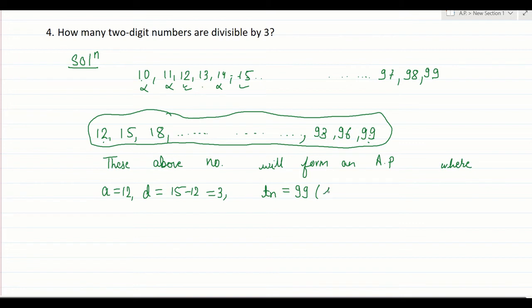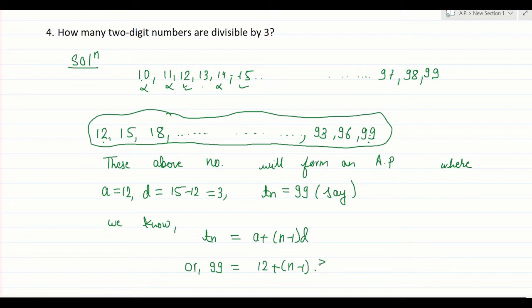We know Tn is given by the formula a plus (n minus 1)d. Isn't this? Tn is 99, we have supposed, and a is the first term which is 12, plus (n minus 1), as it is, and d, the common difference, is 3.